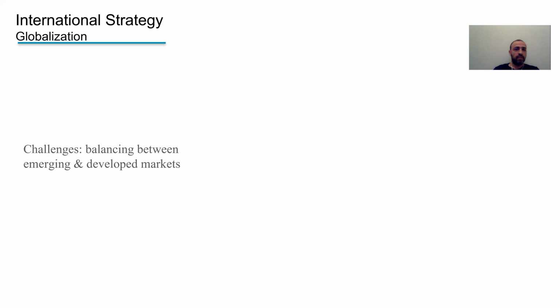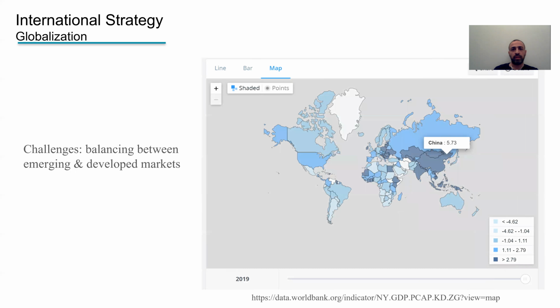For going international, many factors should be taken into account. For example, GDP per capita. According to the World Bank, as you can see, in this part of the world, in China, India, and Vietnam, countries like that, GDP per capita is increasing. So there is a high chance for going international in those parts of the world.